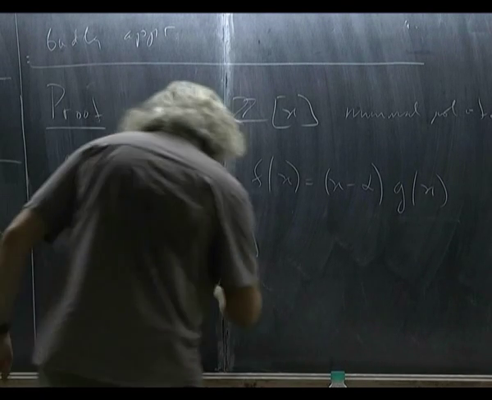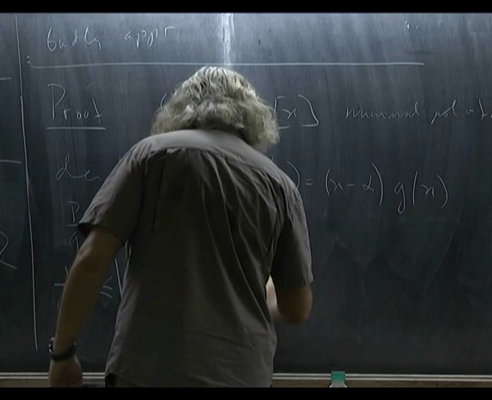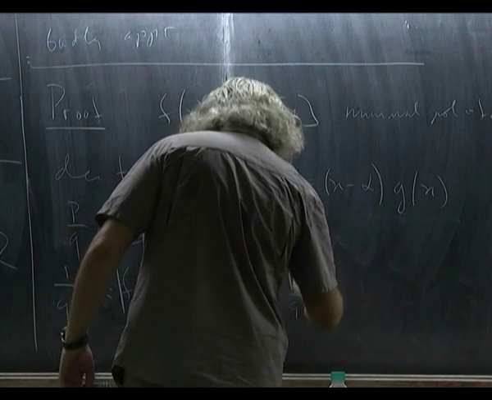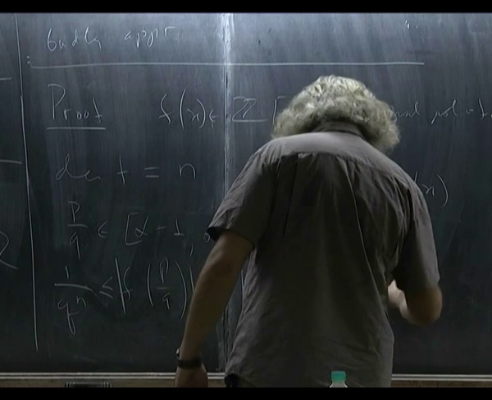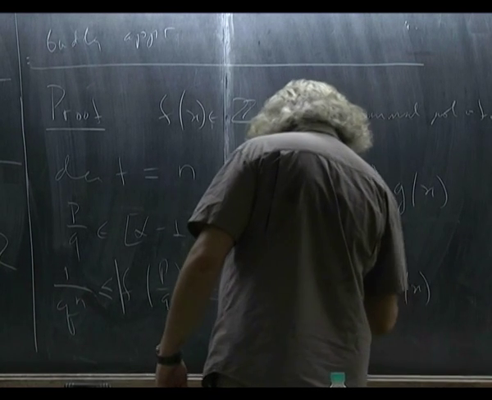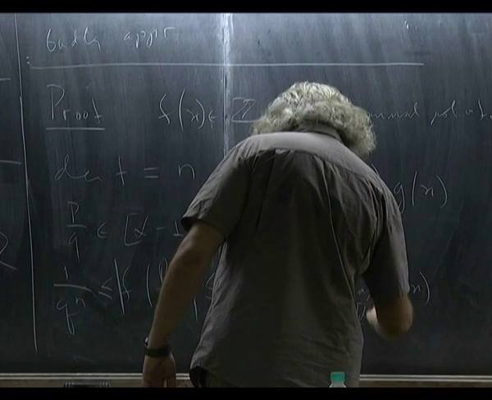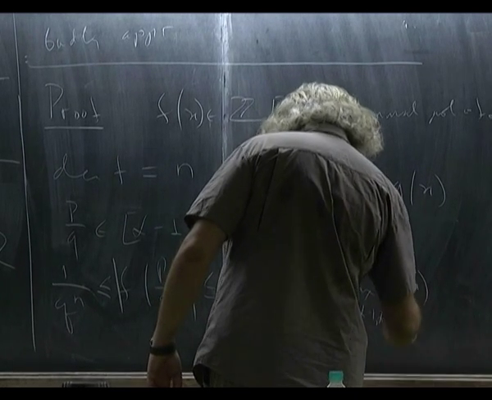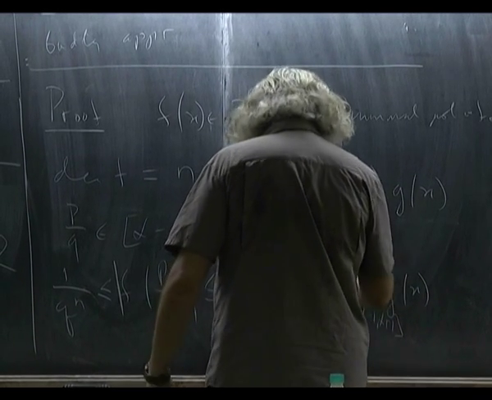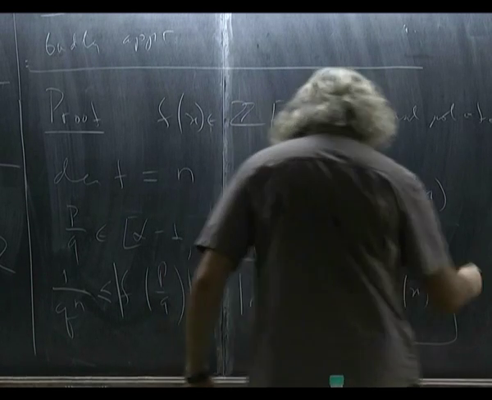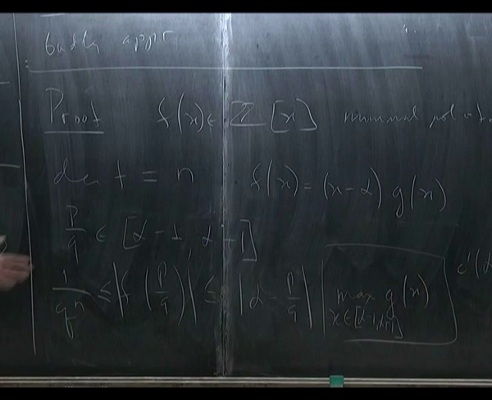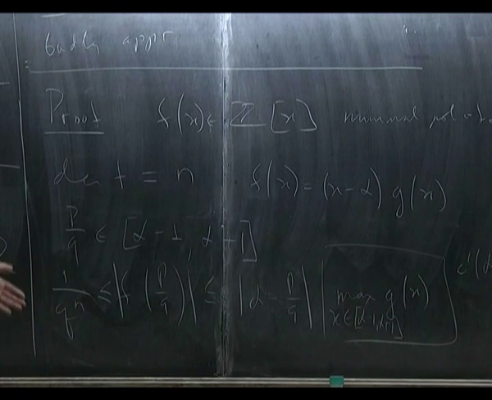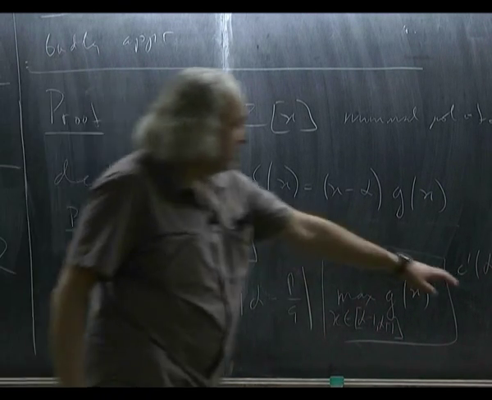Now, upper estimate: it is bounded by alpha minus p over q times the maximum of g of x, where x belongs to the interval. And this is some constant depending on alpha, and we are done. So C will be 1 over C prime.